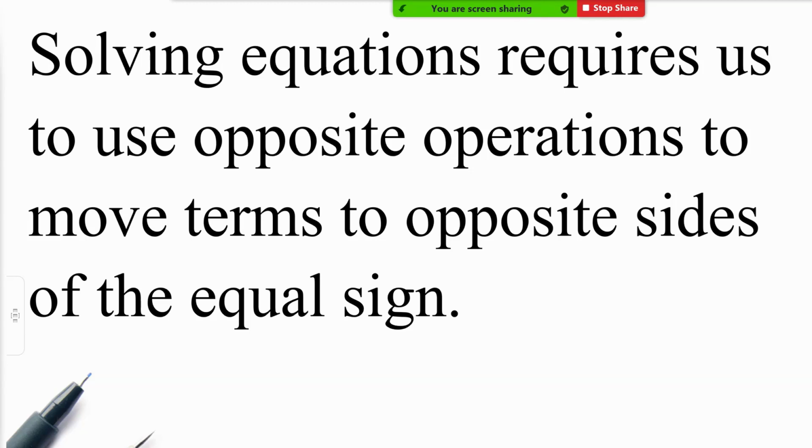Solving equations requires us to use opposite operations to move terms to the opposite side of the equal sign. All right, let's go ahead and get started with the first example. If you have not finished writing it down, go ahead and take a quick screenshot, or you can copy it down from a neighbor.